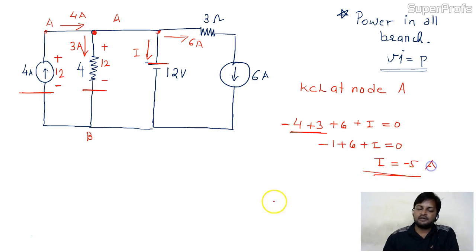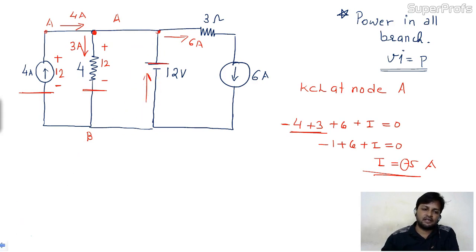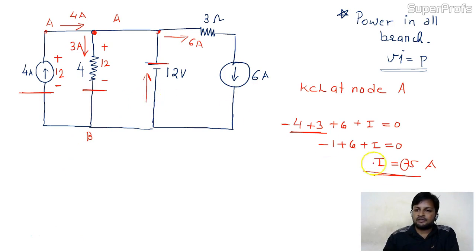Minus 5 ampere. Minus means I have to change the direction. This direction is wrong. The actual direction is from this side. I'll remove the previous one, because this is not the original direction. The original direction is here. So the value of this current I found is 5.